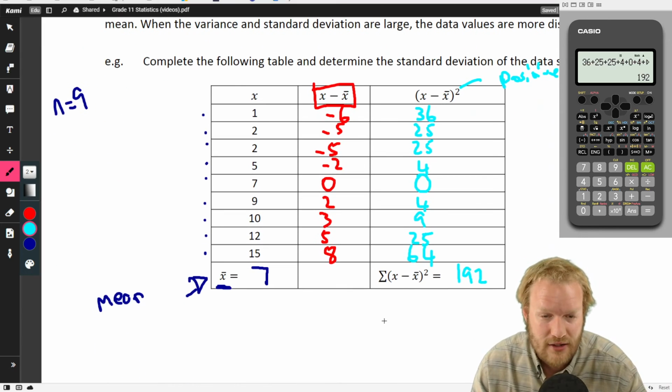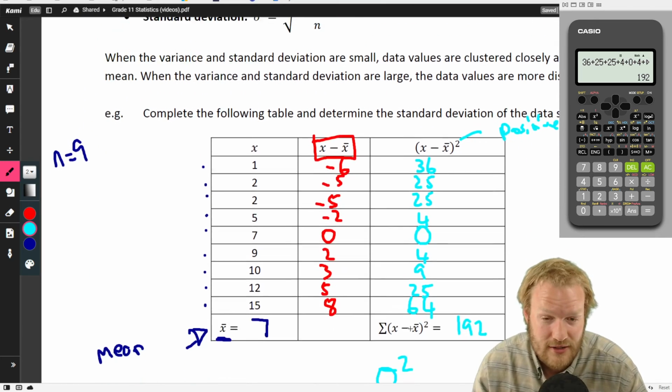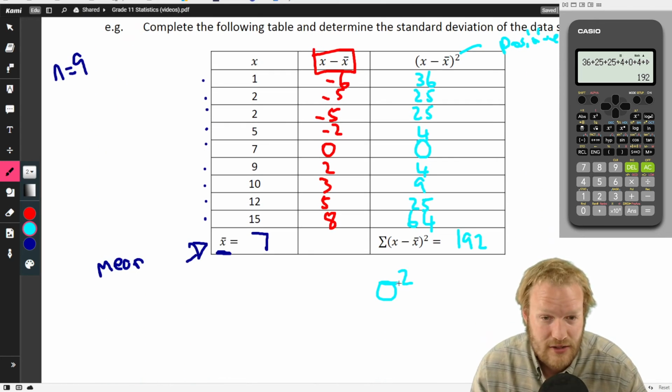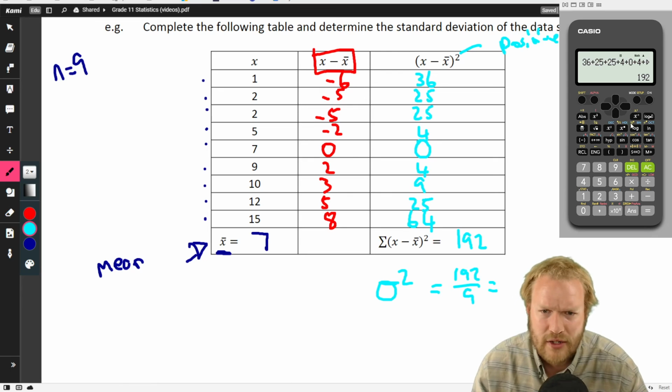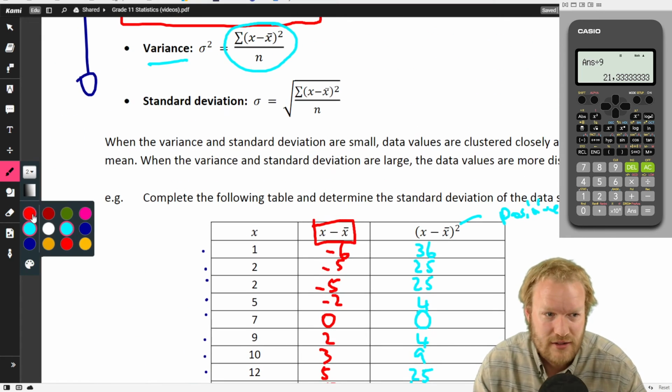New terminology, variance. So our variance is 192 divided by 9, since there were 9 points. 192 divided by 9 gives us 21.3333, 21.3 recurring. So that's what our variance is.